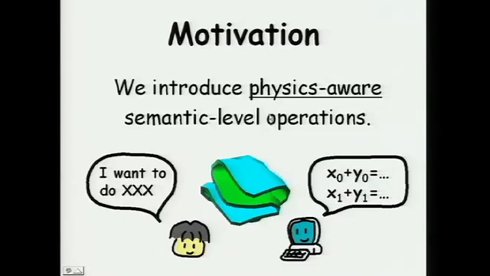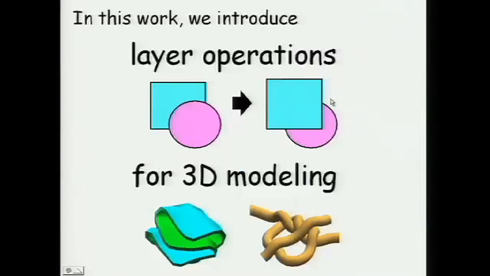In this particular work, we introduce layer operations, usually seen in 2D graphics like PowerPoint and so on. You just bring back or bring to front, and these operations are usually in 2D graphics. In this work, we introduce these layer operations for 3D modeling of layered clothes or robes and any deformable objects.